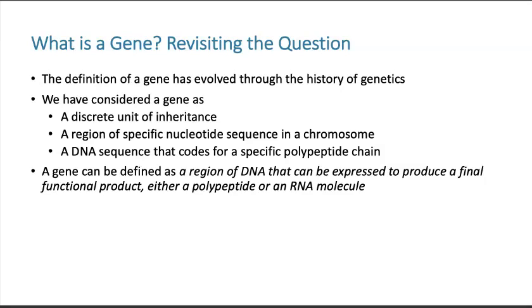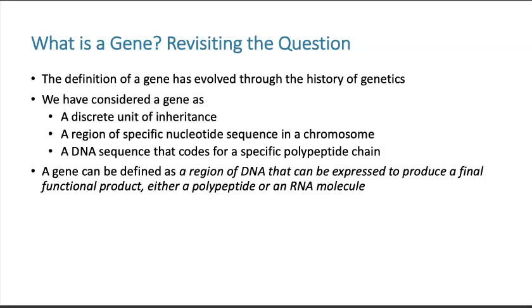So I wanted to spend the last bit of this lecture talking to you about the concept of the gene. We've already spent much of this chapter assuming what a gene was, but I want to broaden that out just a little bit for you. I want to make you think about this. The definition of the word gene has changed throughout the history of genetics.